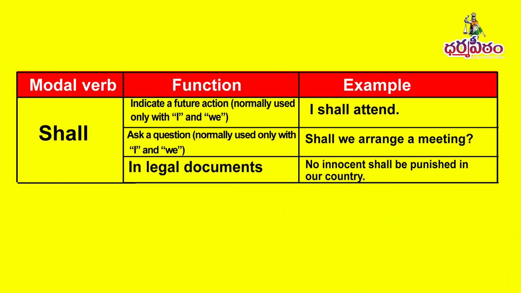To indicate future tense, we know in future tense we should use either will or shall, right? So in future tense we use shall especially with the first personal pronouns. So if you have to create a future tense sentence with I or we as a subject, we have to use shall, not will.